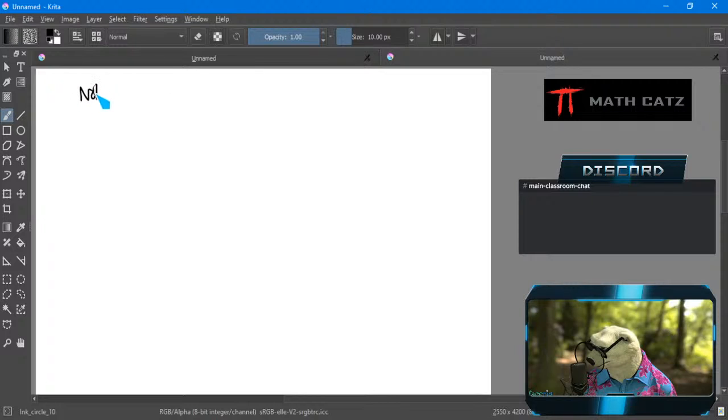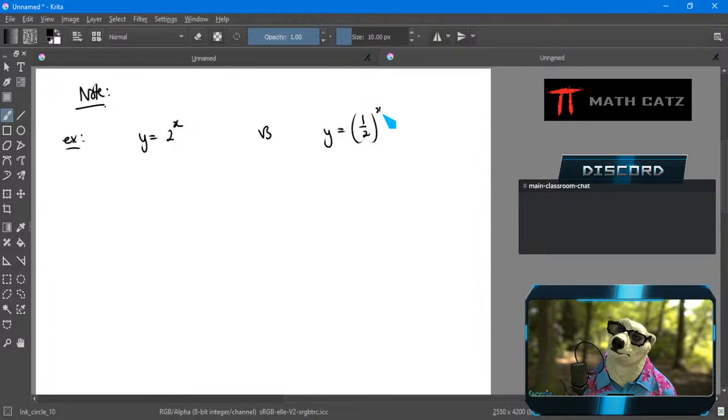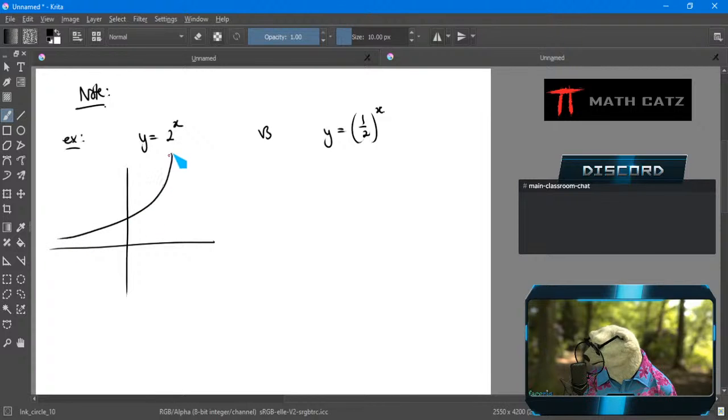Sometimes in your pre-calculus class, they might make it sound as if the function 2 to the x and the function 1/2 to the x are fundamentally different, and I need to memorize them separately. So here, remember, this is now my basic one that I have, y-intercept of 1 and so on.